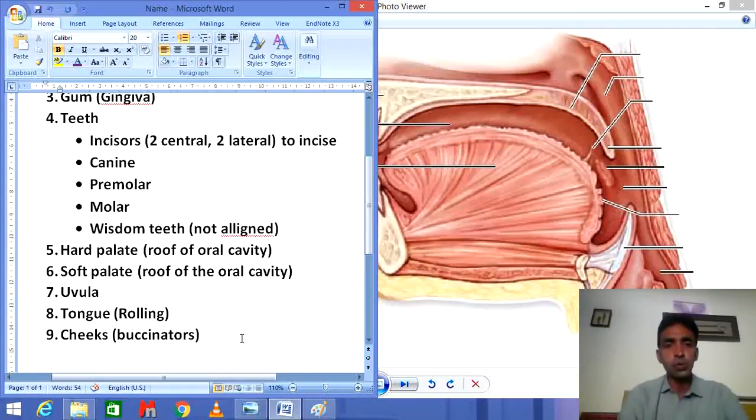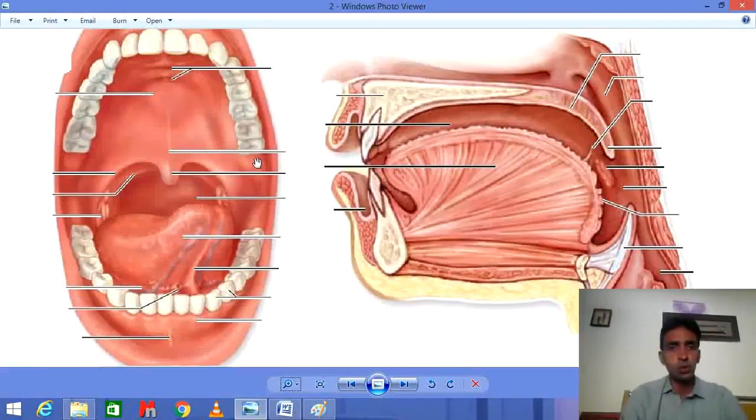The buccinator muscle contracts when the upper jaw and lower jaw press each other. When they come in contact forcefully, the buccinator muscle in the cheek contracts, so as not to allow the food to go into the cheek area.